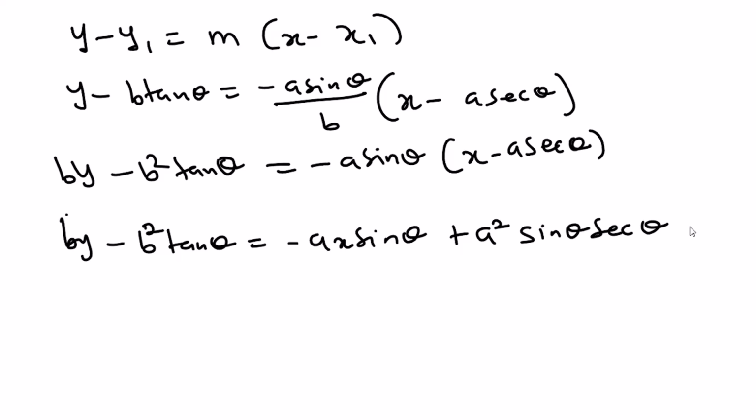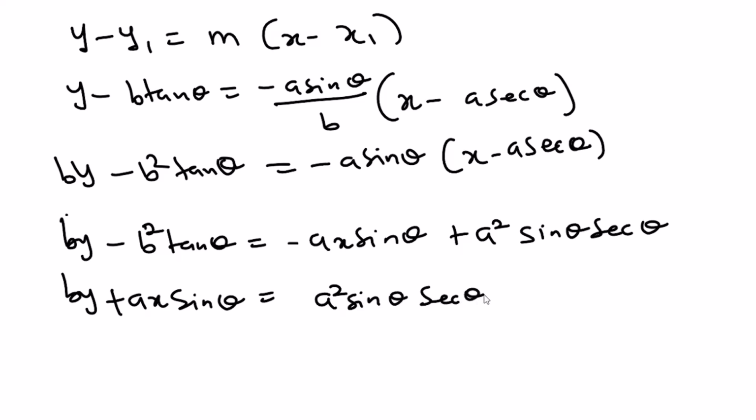Alright, so up to that point, that's how it's going to be. Okay, so let's see, we still have our by, then with this x thing, let's bring it to this side, the plus ax sine theta, then I have a squared sine theta sec theta plus b squared tan theta.